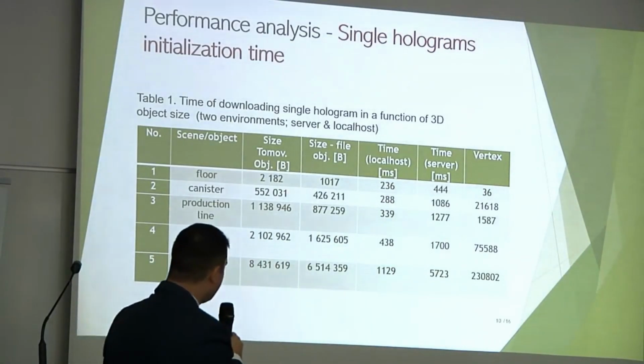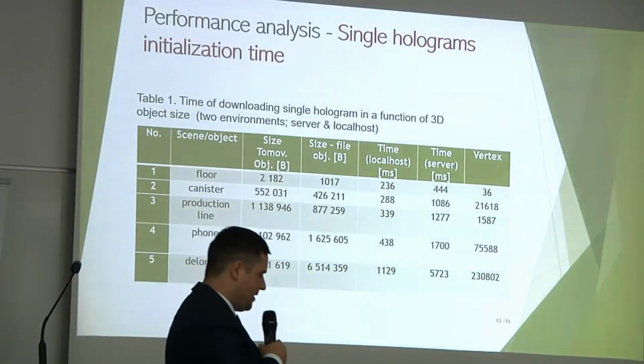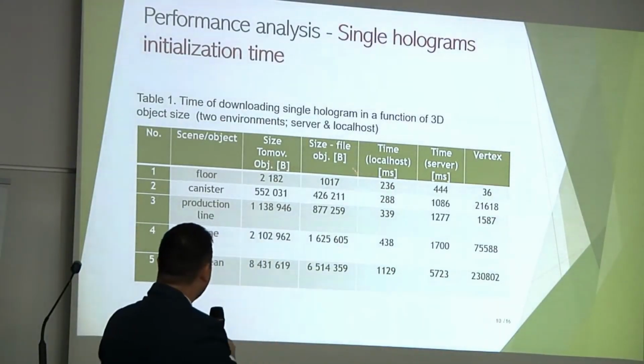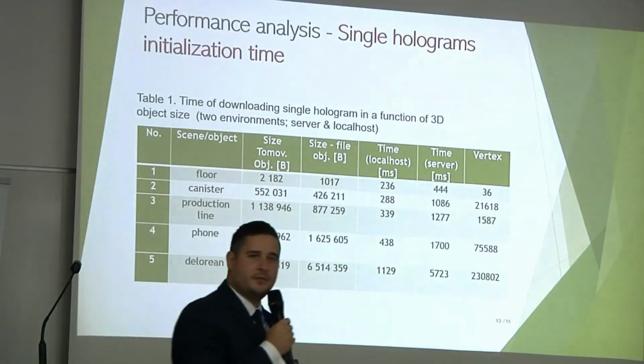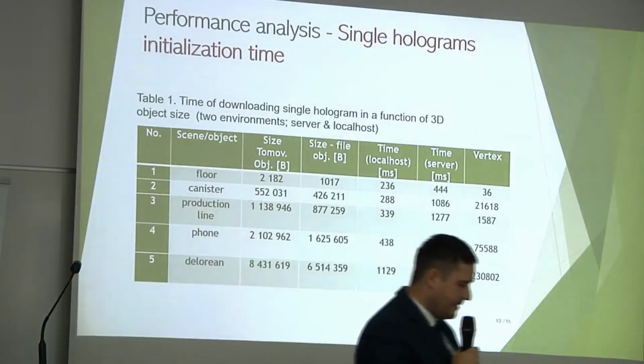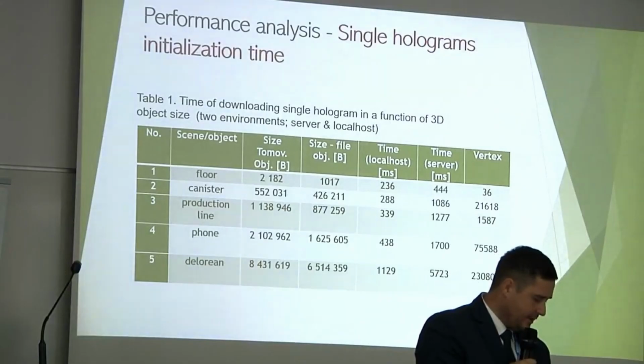If we use the localhost, for example, from this machine only, the times are shorter, and it's presented here. The longest time is, of course, also for the car, it's 1 second. So we want to present the advanced model. It takes more or less about 1 second.